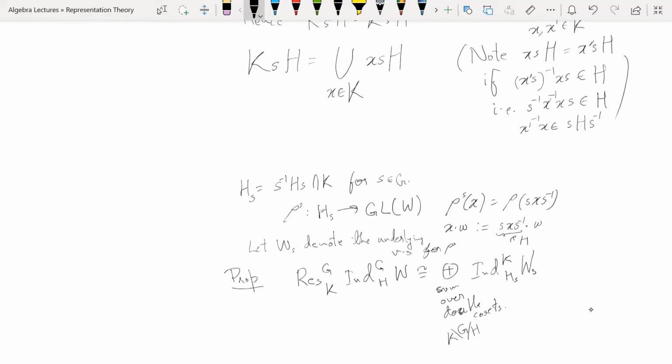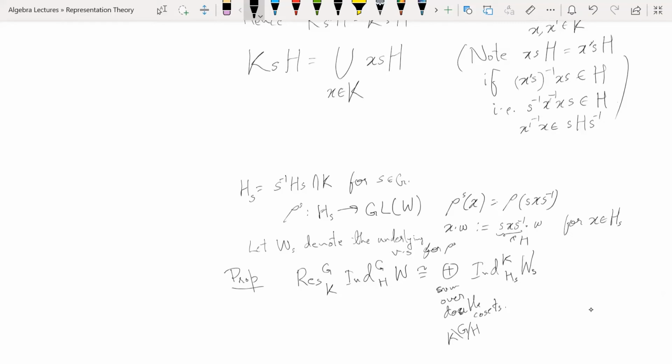That is this representation of H_S. The underlying vector space is W, but the action is this: x dot w is S x S inverse dot w. And this makes sense because S x S inverse lands in H for x in H_S.